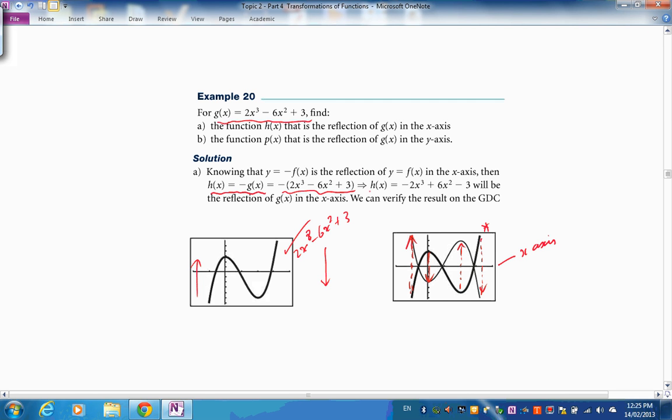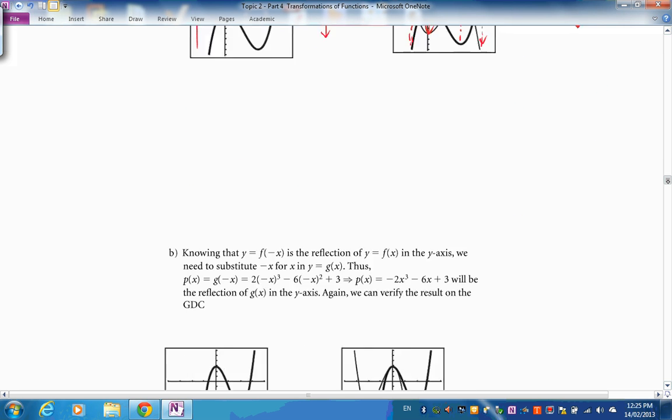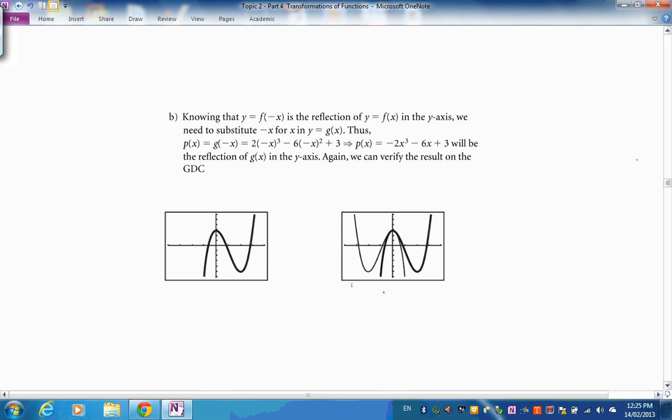Okay, and so your new reflected function, call it h of x, is multiplying the whole function by -1, because that will make any point up the top go to the bottom, any point at the bottom go to the top, changing the sign of that y value by putting, here it is here, a negative in front. Okay, is that okay? Let's have a look at a reflection in the y-axis.